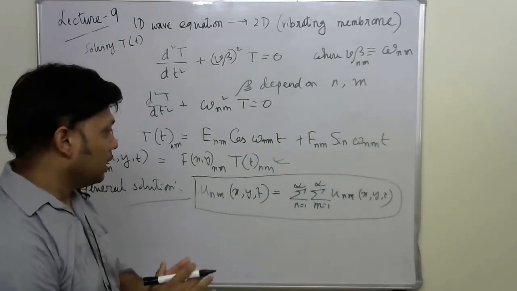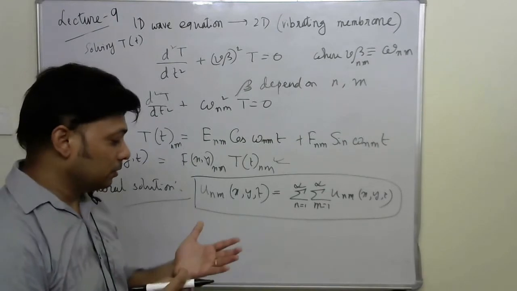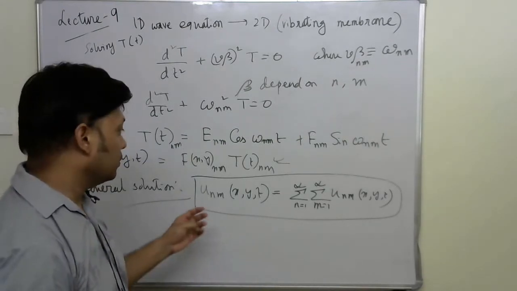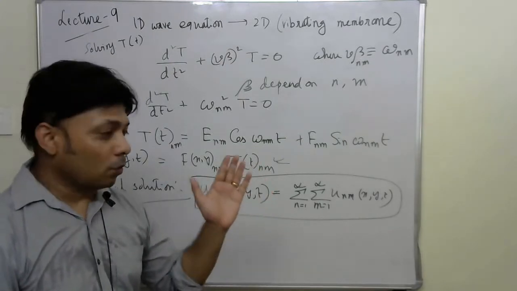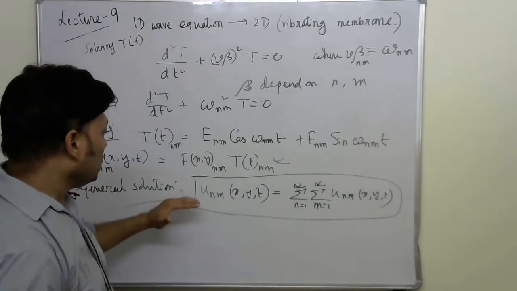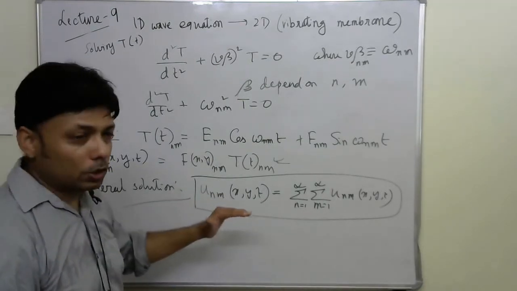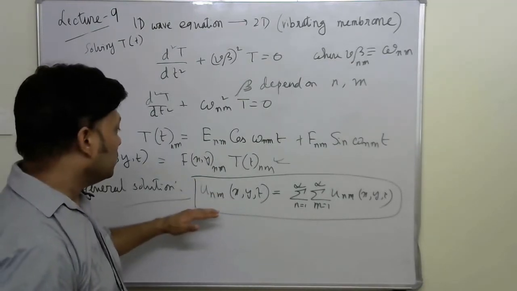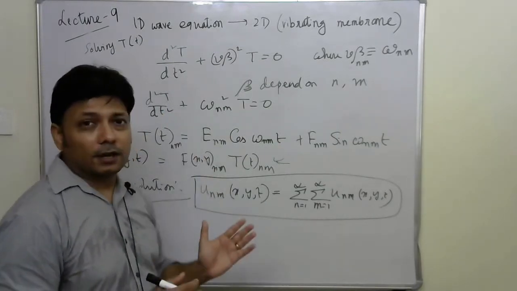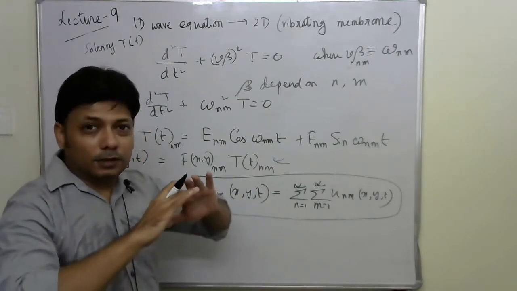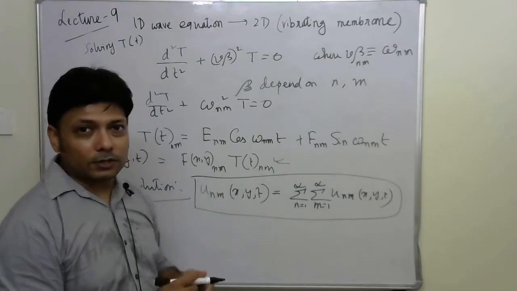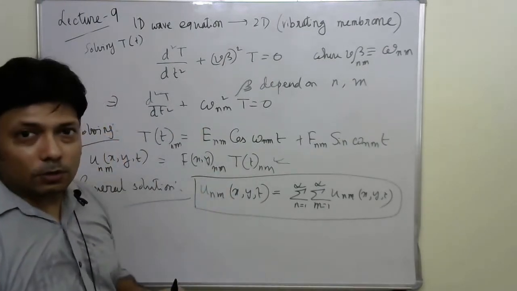That means now we can talk about the first harmonic, second harmonic, third harmonic, that means the fundamental, overtone, etc. Now we are going to take a look at how a two-dimensional vibration can be represented graphically, in terms of a physical picture. That would be quite interesting, so let's take a look at that.